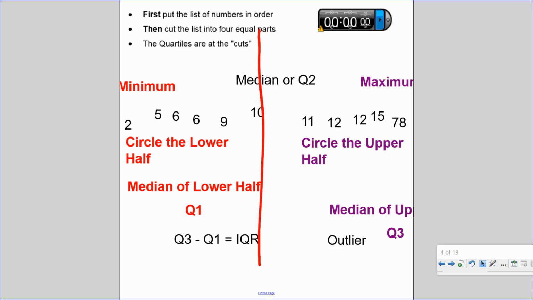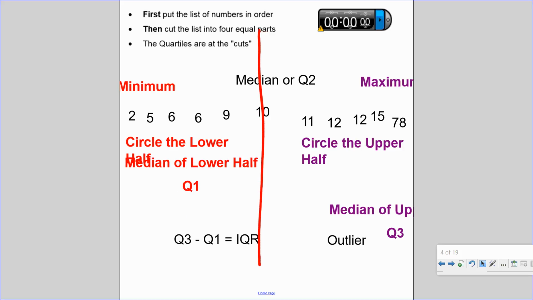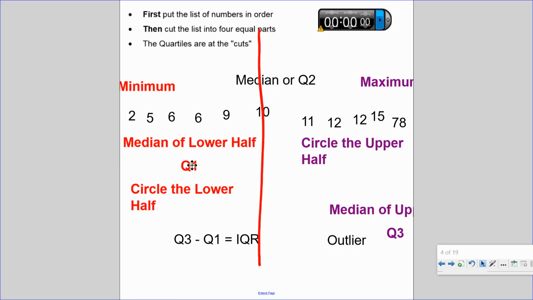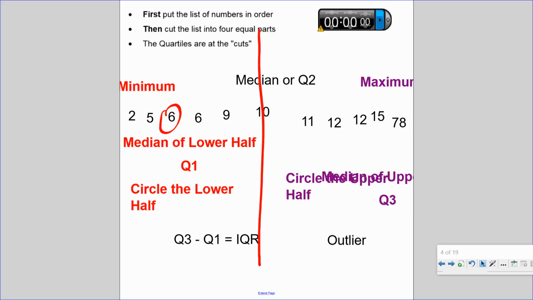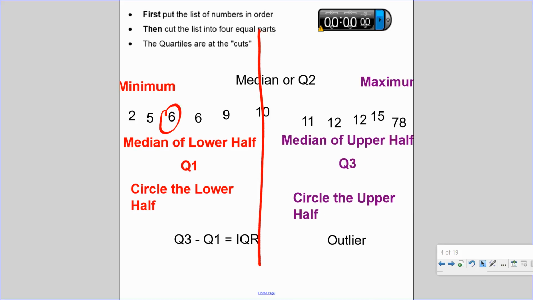We have five numbers here. What is the median of 2, 5, 6, 6, and 9? The median of the lower half is 6. What is the median of the upper half? With these five numbers, the median of the upper half, or quartile 3, is 12.